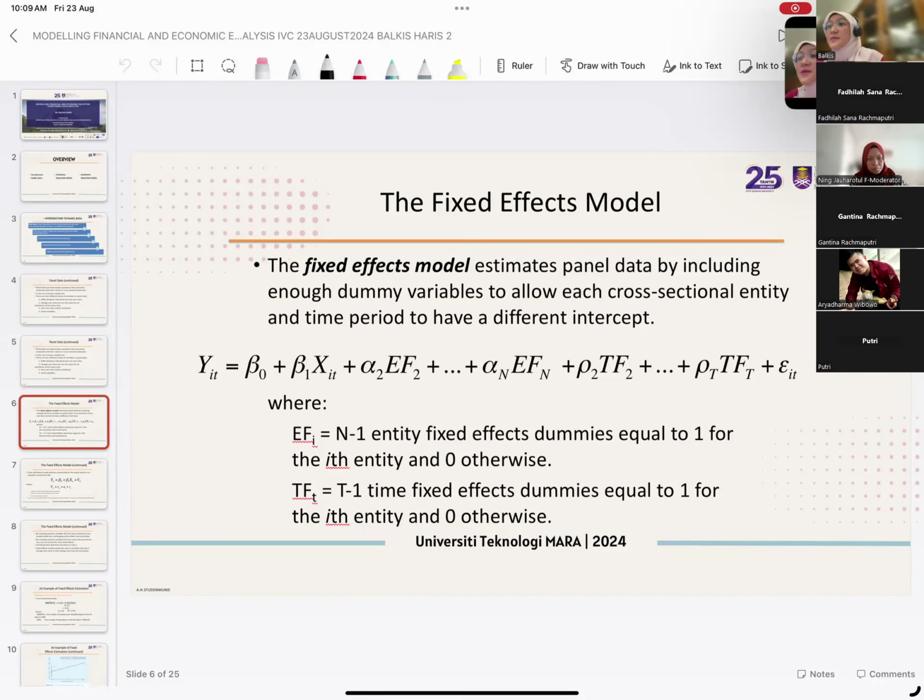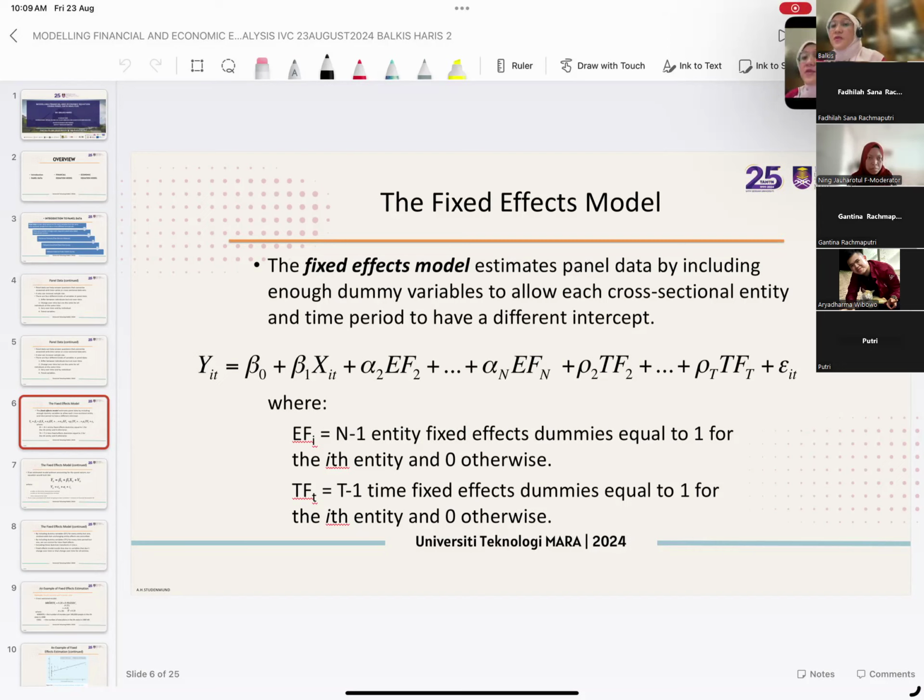Entity, as I mentioned just now, is the company, the individual, or the country, while time depends on the period, whether it is years, quarters, months, or days.